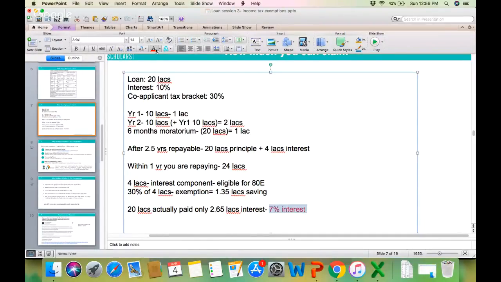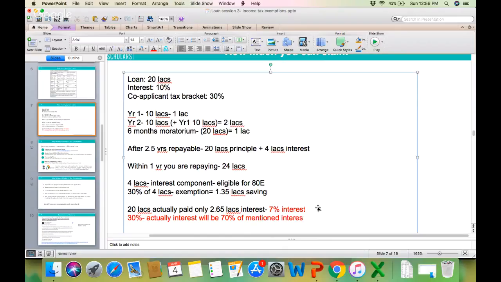You got the point? When you get the exemption, the deductions reduce your interest. Now, you don't have to go through this whole calculation. Let me tell you what the thumb rule is. If you're in the 30% bracket, your actual interest will be 70% of the mentioned interest.